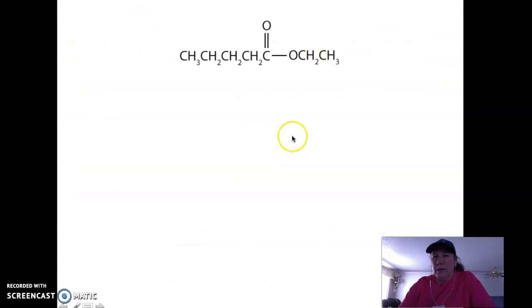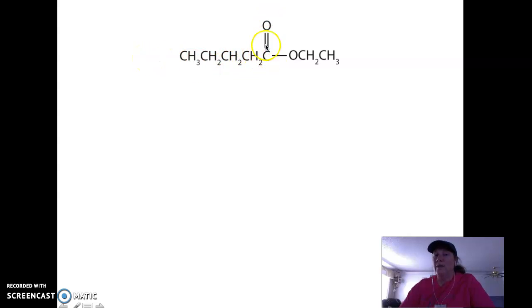Okay, here's one. All right, here's the double bond O. This right here is what makes it an ester. The double bond O in the middle of the chain somewhere. Okay, since they're not continuous, you can't just name this as one long chain because the oxygen messes that up. All right, so the way you name it is the chain that's got the double bond O. And again, it doesn't have to be the longest chain.